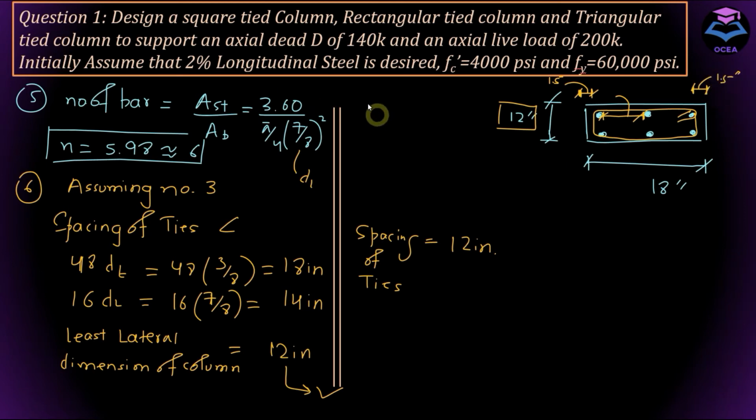and the clear distance between the longitudinal bars can be calculated as follows. Total clear distance in horizontal direction between the longitudinal bars is 18 minus 2, deduct the concrete cover from both the sides, and then deduct the dia of tie from both the sides, 2 into 3 by 8, and then deduct the dia of longitudinal bars.